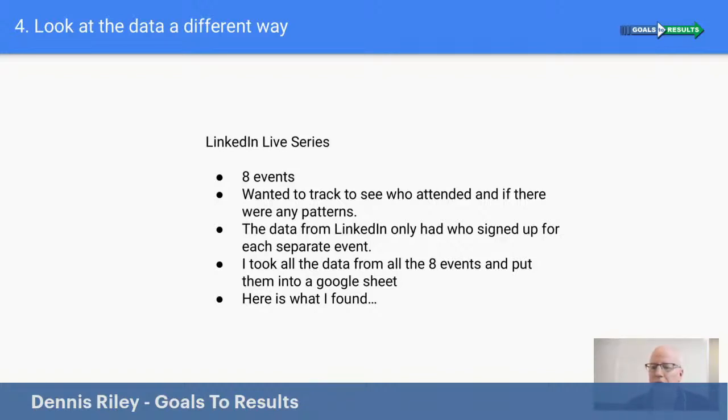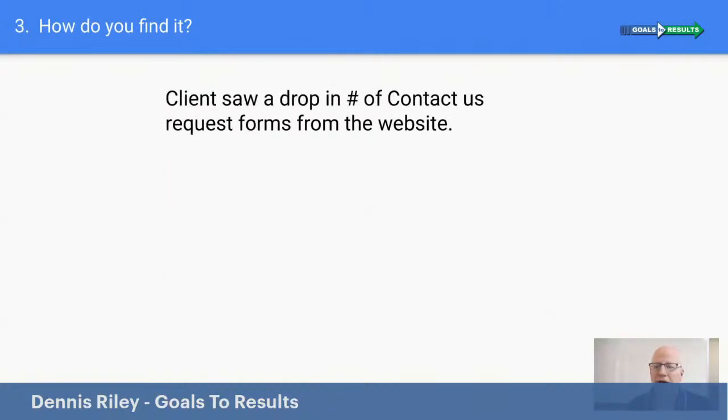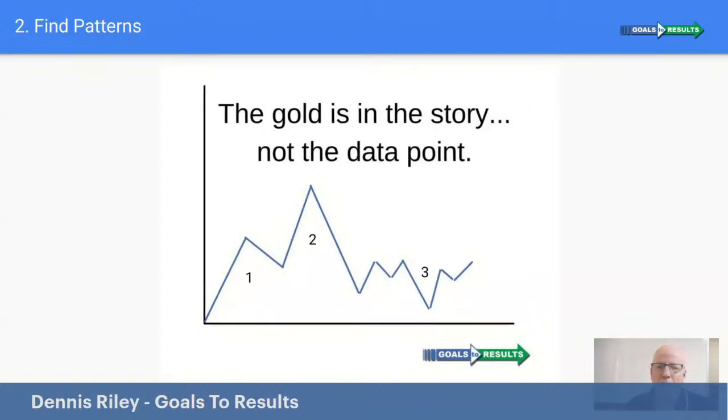You want to find out a pattern first from the raw data, the data points. And then go a little deeper. Find out, okay, why am I doing this? Why is this happening here? Why is this happening?